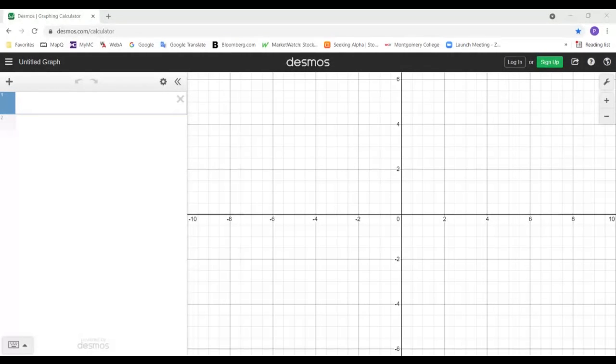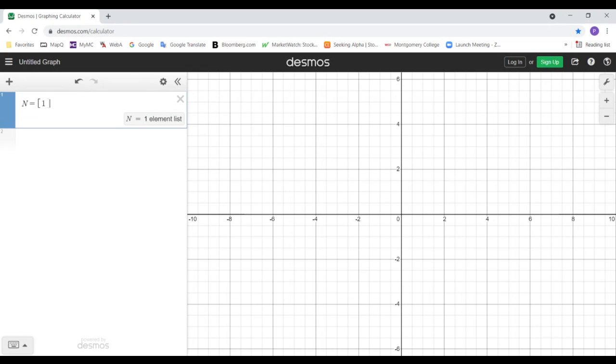Okay, there's Desmos. Now, you're used to Desmos for graphing functions, but you can graph sequences. Let me show you how you do that. What you do is type in capital N equals, and I want to plot the first 100 terms of the sequence.